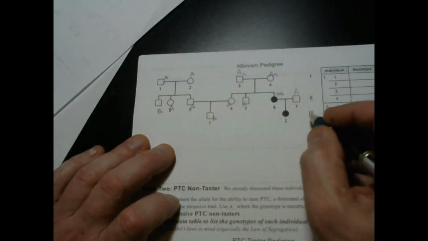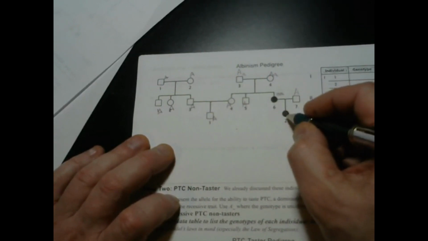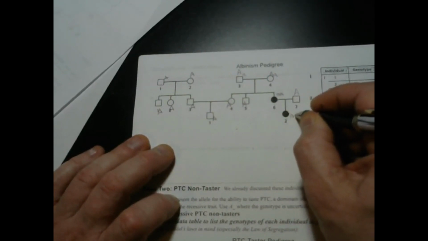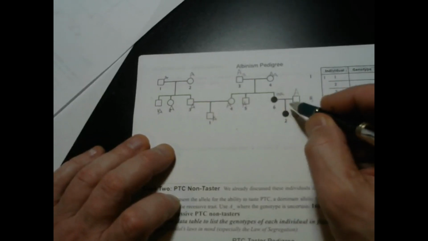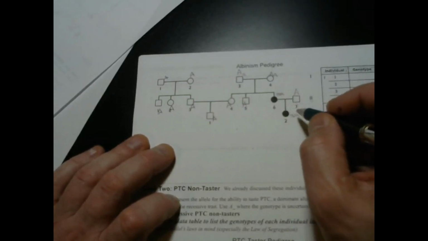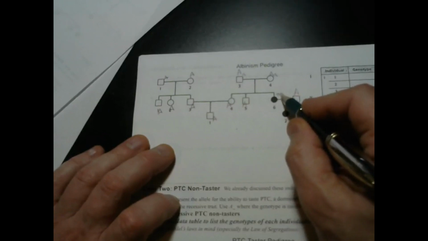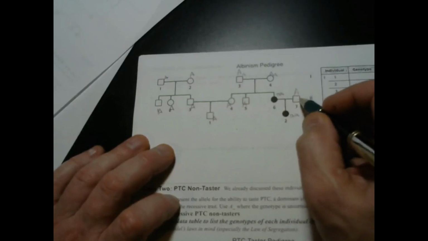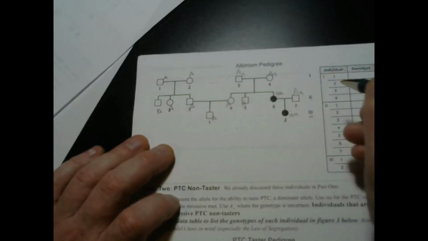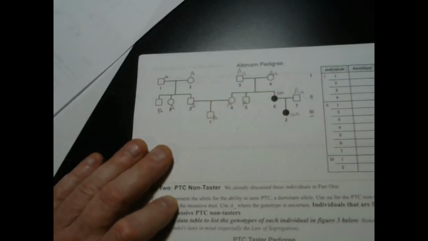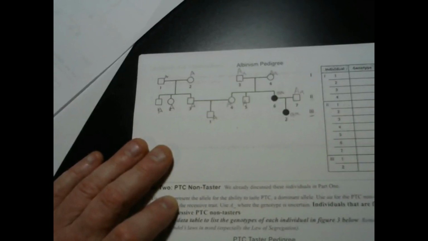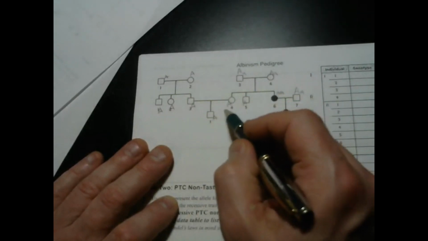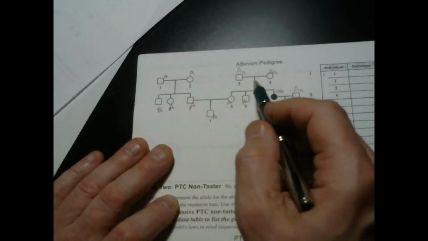Now we know that the daughter here in the 3rd generation, number 2, is also homozygous recessive. So she couldn't get both from mom. She's going to get 1 from mom, one of the 2 here. But that also means the dad had to have 1 to donate as well. That's pretty much it for this one, because we can't tell what the second allele is going to be.